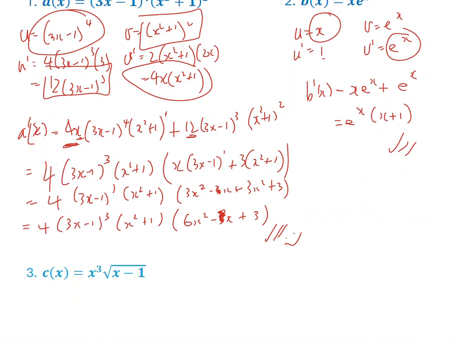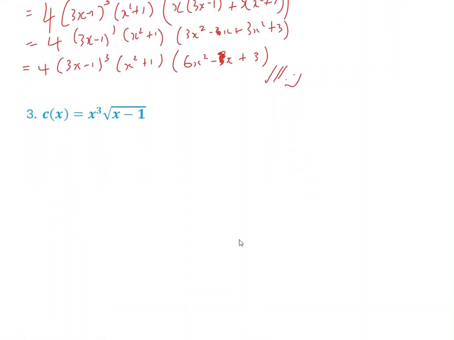And in part C, there's a square root, so we have to be a little bit careful with our square root. u equals x^3, so u dash is 3x^2. v equals (x - 1)^(1/2), therefore v dash will be 1/2 (x - 1)^(-1/2).